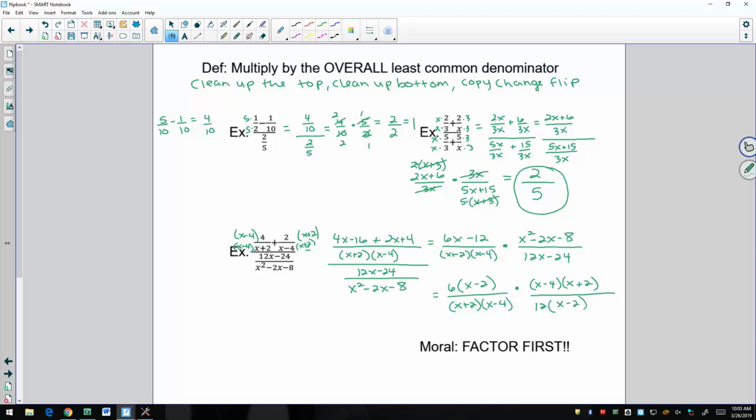So now I'm going to go ahead and start canceling or reducing numbers. As long as one is on the top, one is on the bottom, I can cancel them out if they're exactly the same. So I see an x minus 2 on the top here with an x minus 2 on the bottom there. I see an x plus 2 on the bottom and an x plus 2 on the top. And then I notice a 6 and a 12 can be reduced to 1/2.